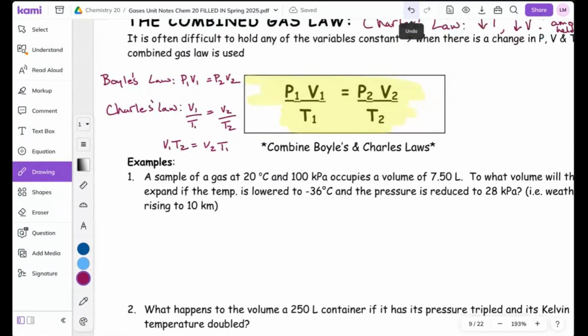But let's take a look at this first example here. We have a sample of gas at 20 degrees Celsius and 100 kilopascals that occupies a volume of 7.50 liters. So all of these numbers are connected. They're talking about the initial conditions of some sample of gas. So I'm going to put these all as P1, V1, and T1.